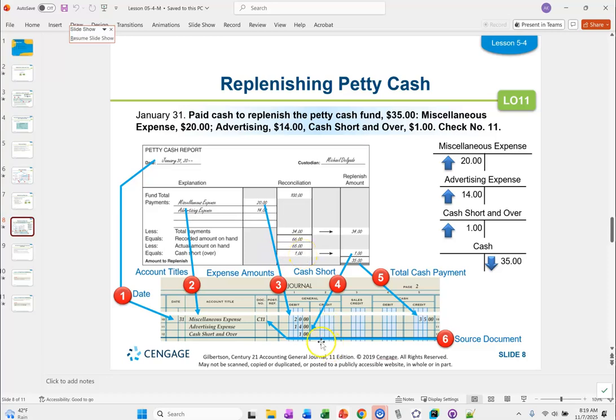In this case, it is a debit of $1 because we're short. If we had too much money, that would go in the rare credit column. And then we record the overall credit, the $35 check we wrote to replenish petty cash back to the $100 we like to have at the start of the month.